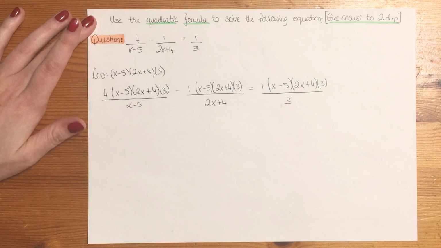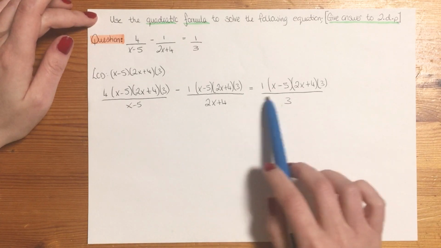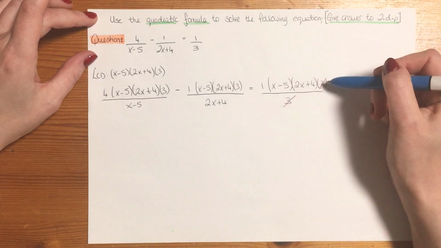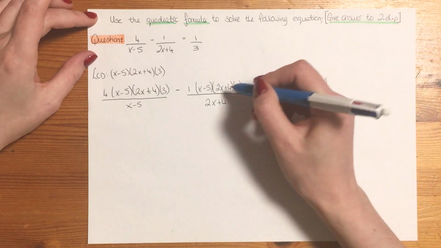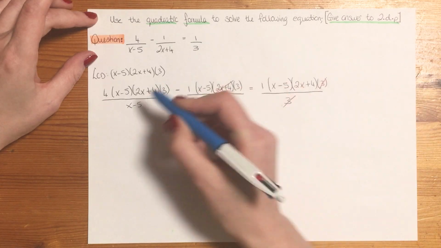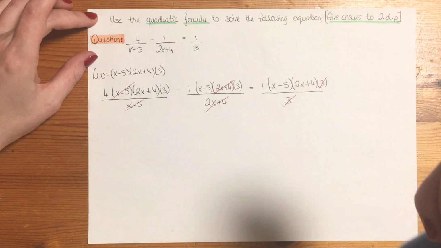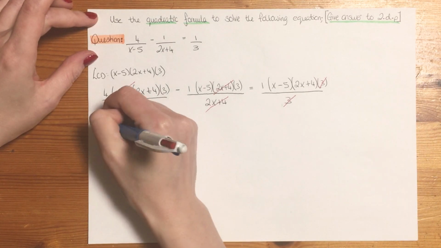Okay, so I know this looks very big and messy at the moment. However, now that we have it like this, we can cancel out, as they're all products, it's all multiplying. So 3 cancels with 3, 2x plus 4 cancels with 2x plus 4, x minus 5 cancels with x minus 5. So now let's write out what we have left.